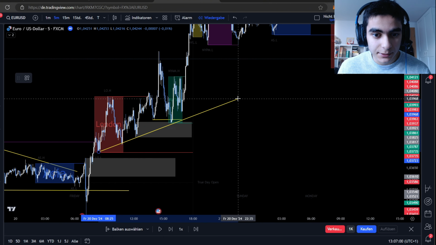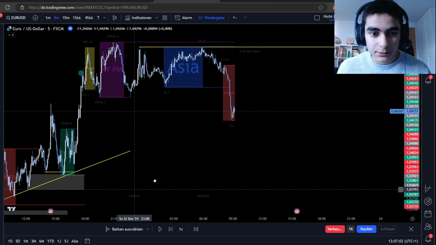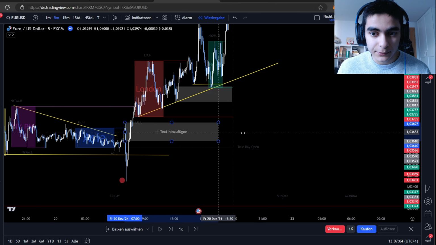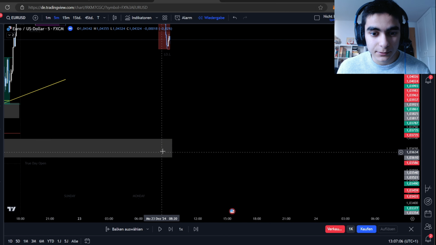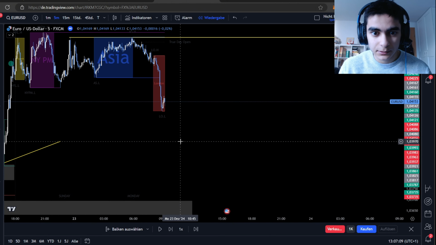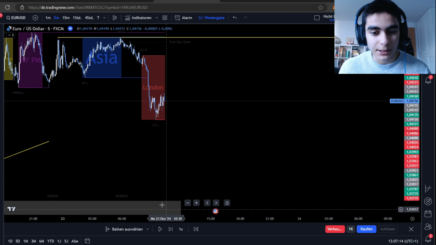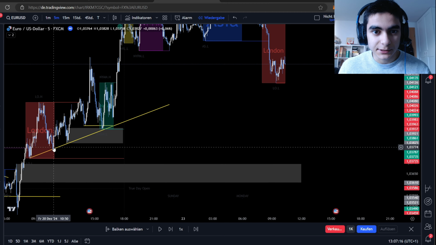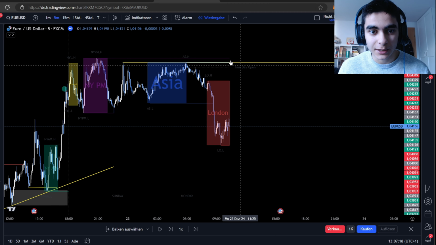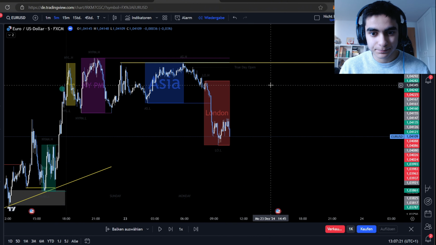Still have this trend line liquidity here. And this area I've drawn out the last day. So it could be that price comes into this area, takes all of this out, and then shoots higher to take this out.